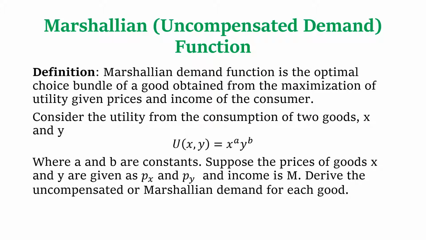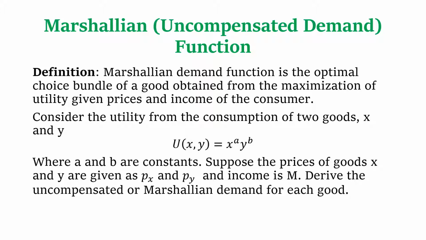Now, the Marshallian demand function is the optimal choice bundle of a good obtained from the maximization of utility given prices and income of the consumer. Now, let's take, for example, we have a utility function given as u of x,y equals x to the a, y to the b. Now, this is a typical Cobb-Douglas utility function here. Now, a and b are constants, and then we have the price of good x and y, px, py, and the income is m.